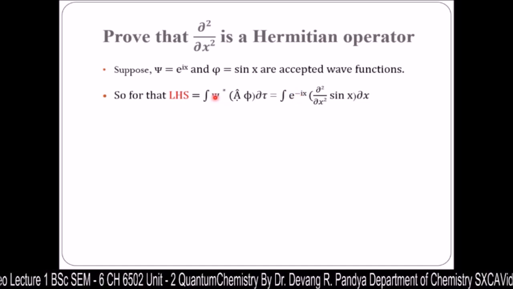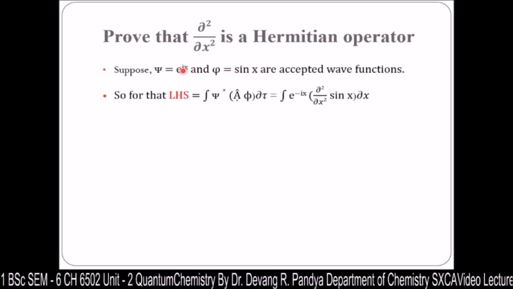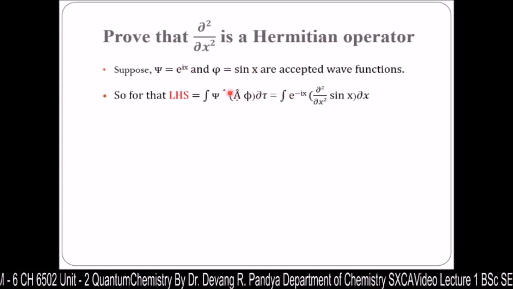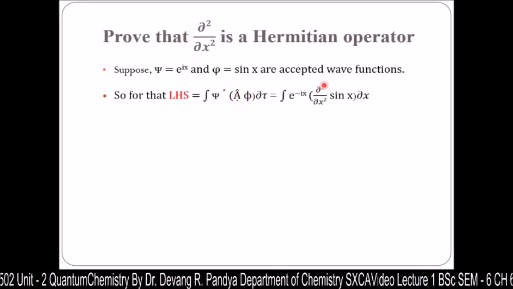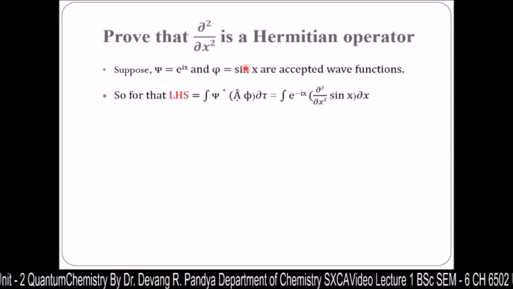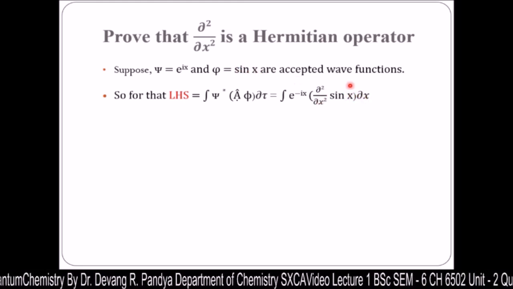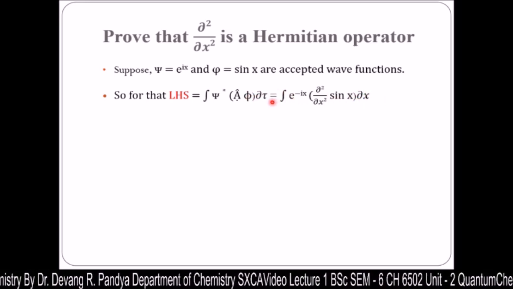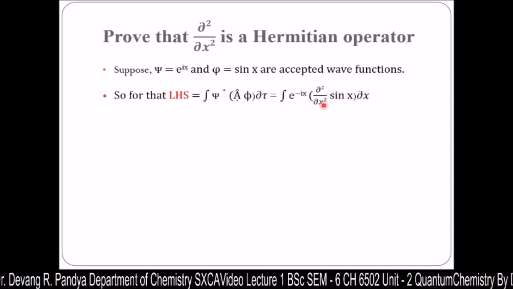Instead of A we put d square by dx square, then sin x dx. Instead of d tau we use dx because only the x component is there. So this is our left hand side.